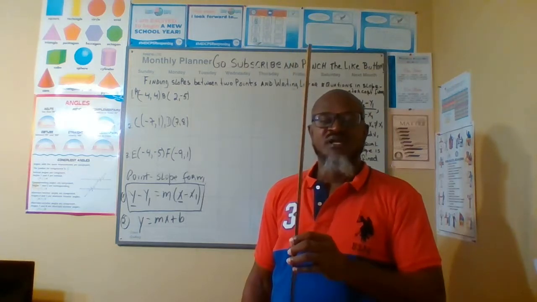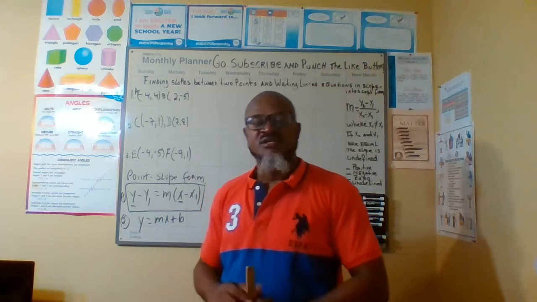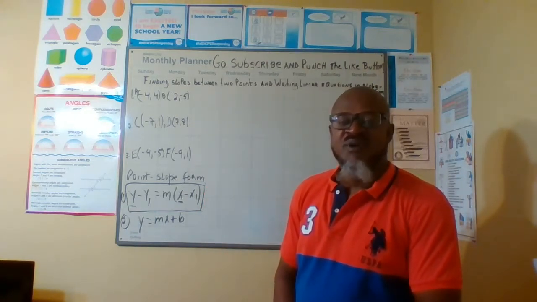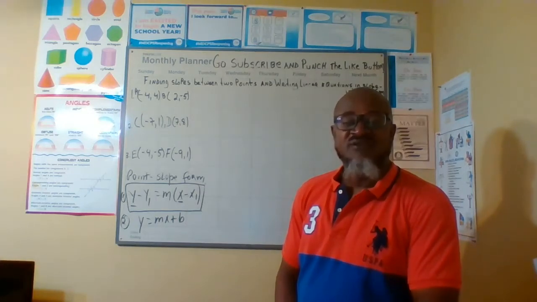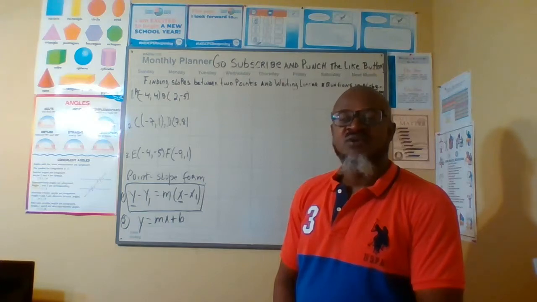So when you subtract two numbers that are the same, you will end up with 0. In this case, your denominator will be 0, and your slope will be undefined. So remember those 4 things that can happen to your slope. Either your slope is positive, negative, 0 when it is a horizontal line, and undefined when you have a vertical line. So let's get to it.